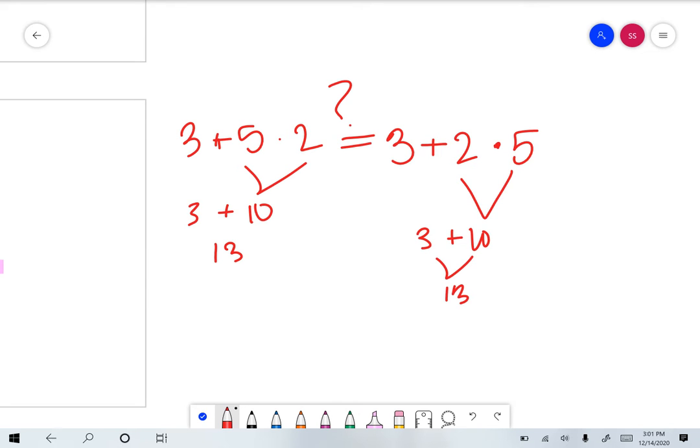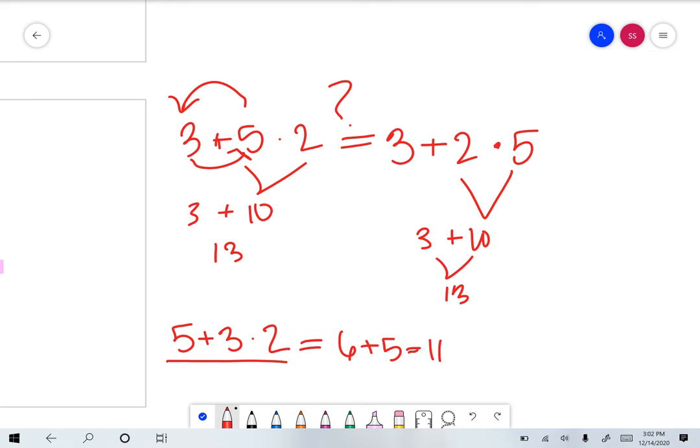So those work, but what if instead of doing 3 plus 2 times 5, what if we reordered like this? So in this case, I'm swapping the 3 and the 5, okay? So let's find the answer to this and see if they're all still equal. So again, multiplication first. 3 times 2 would be 6, plus 5 would give us 11. So they do not, in fact, equal the same thing.